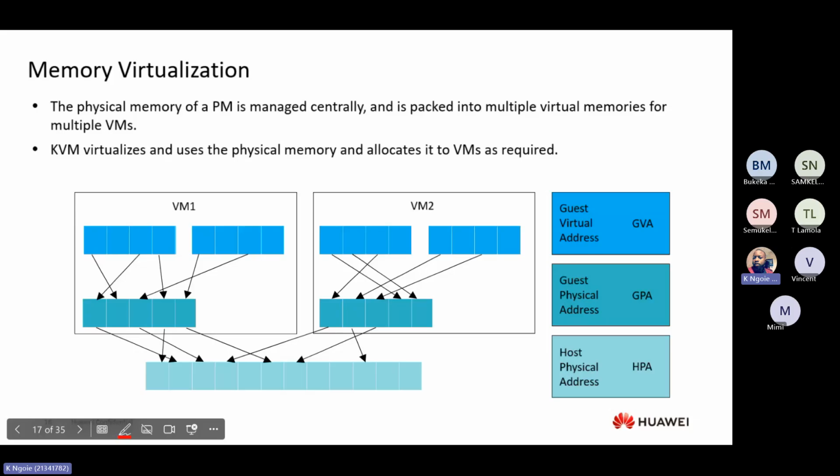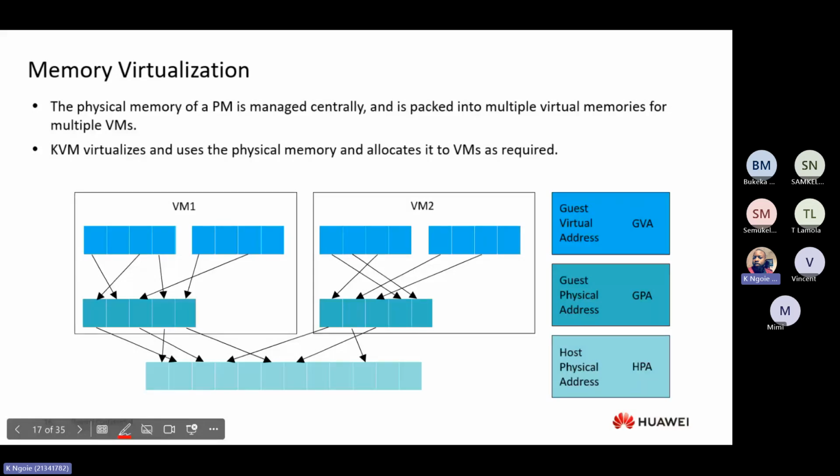So what we do here, in that case, the hypervisor will actually allocate memory for each virtual machine. So the KVM hypervisor will allocate a portion of physical memory, which is the RAM, to each virtual machine as needed. Each virtual machine will see this allocation as if it was its own physical memory. So if the whole physical memory is 8 gig, for example, and you have 4 virtual machines, you want to allocate 2 gig per virtual machine.